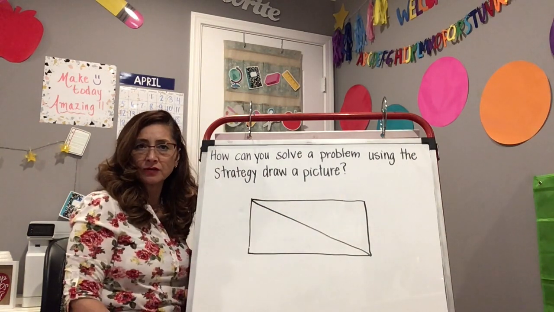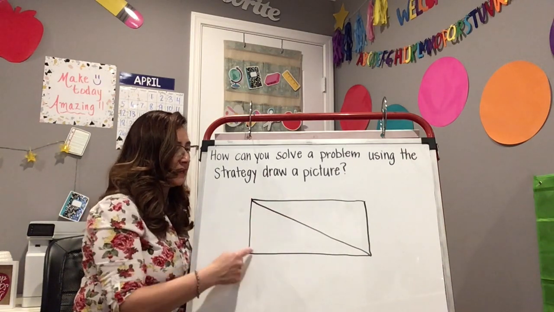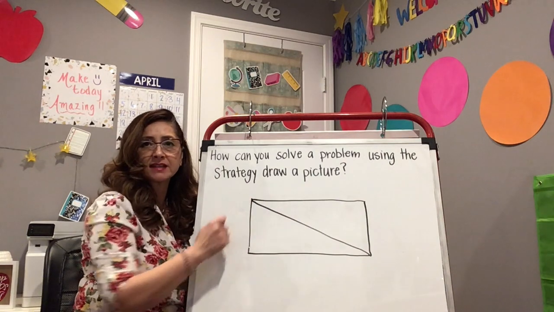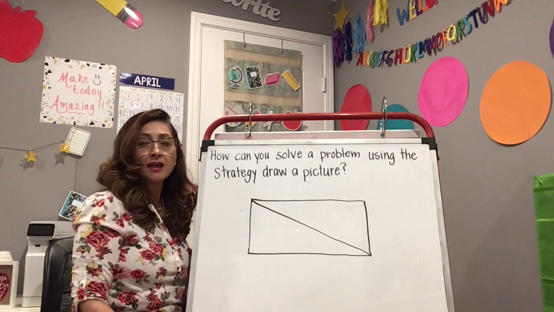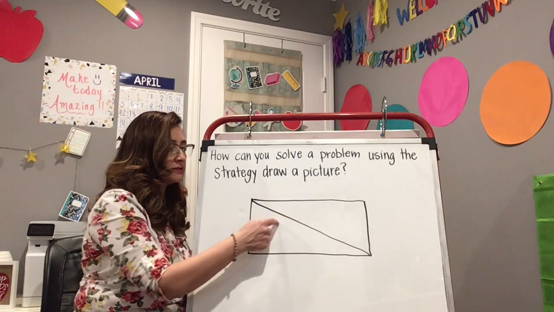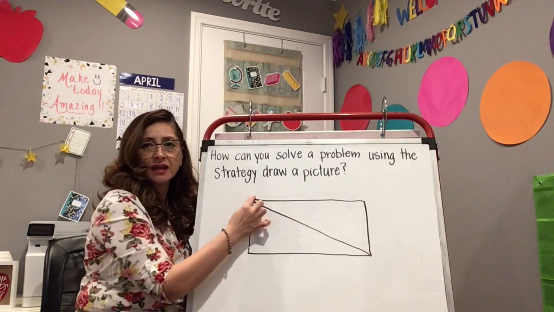Yes, that's right. The triangles are inside the rectangle. Or we can also say the triangles combine to make a rectangle.